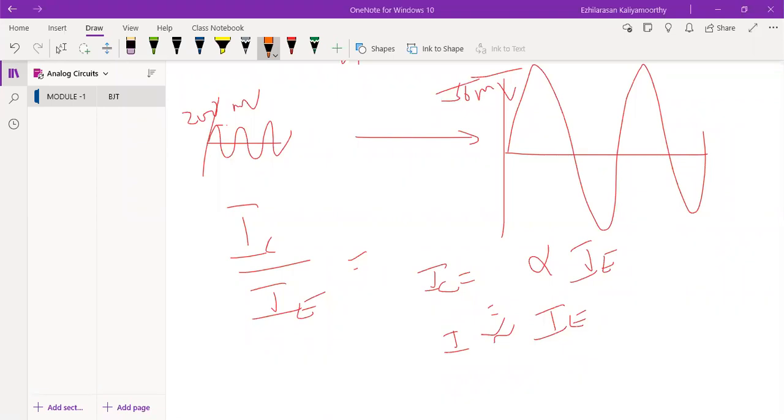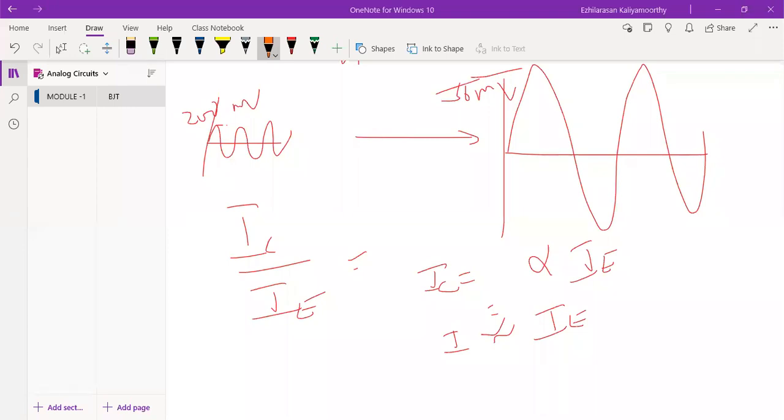Biasing here means you connect the DC supply. Sometimes you need to amplify AC signals also. If you have not done any proper biasing, it won't be amplified properly.